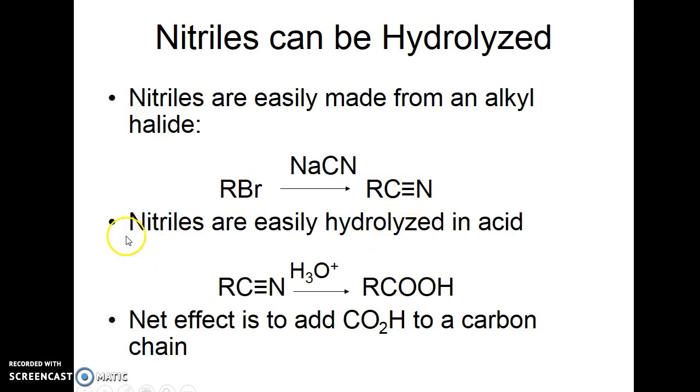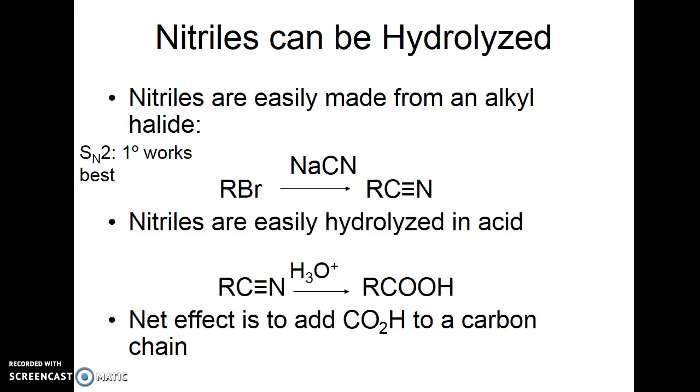What's really neat is that nitriles can be easily hydrolyzed to a carboxylic acid with acid, and we can also hydrolyze with base, and it will give us a carboxylic acid. Note that what we do effectively is we take an alkyl halide and we add a carbon to the chain. Although it is derivatized to an acid, we still have lengthened the chain by 1.